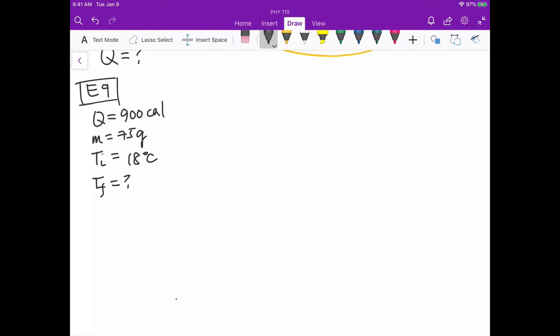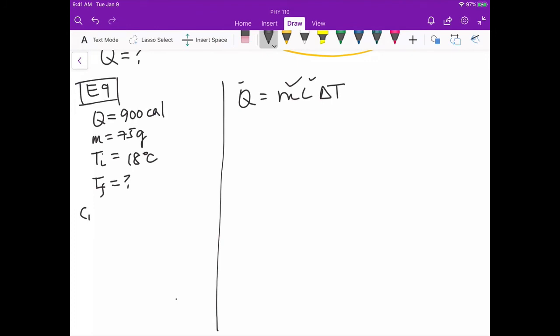So the way you're going to proceed with this is the following. Start with the original equation for heat energy: Q equals m times C times delta T. So clearly Q is given, m is given, and C is known. Why?